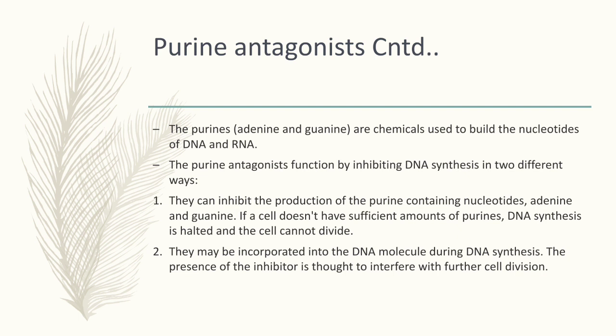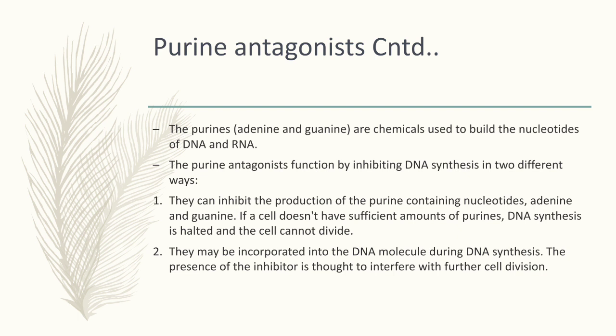The purines, adenine and guanine, are chemicals used to build the nucleotides of DNA and RNA. The purine antagonists function by inhibiting DNA synthesis in two different ways. One is they can inhibit the production of purine-containing nucleotides, adenine and guanine.